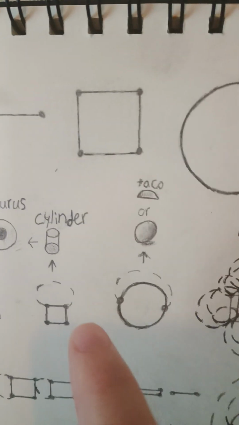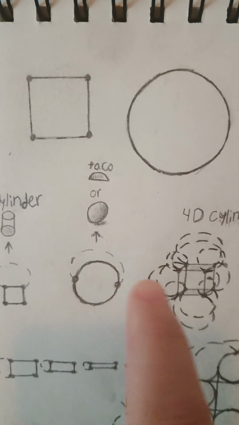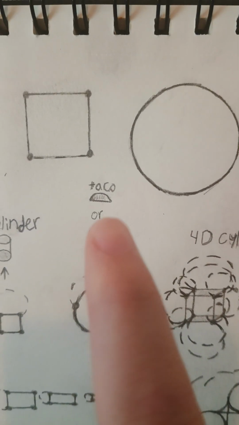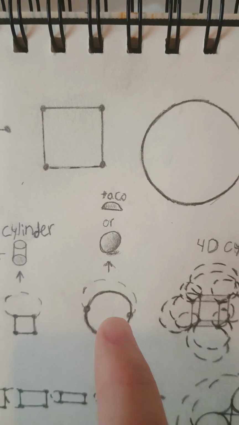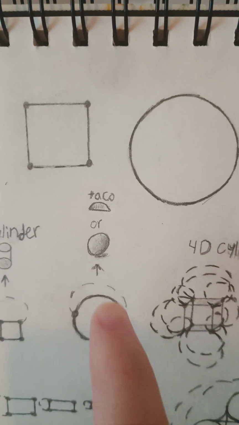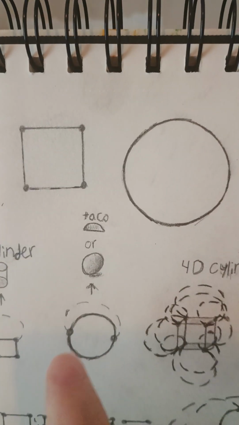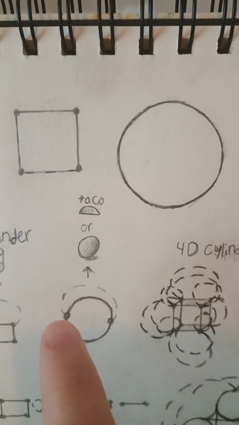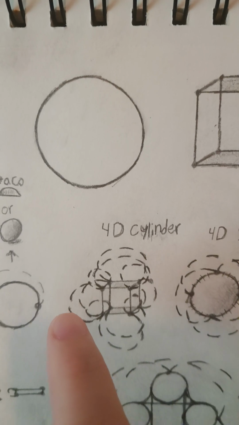So we move on. We got a circle. If you connect the circle in a loop, you get, I assume, a sphere or a taco. You fold the two ends of the paper and you'll get a taco shape. Or you could get a sphere if that's the direction you want to go in, but either way, you get a loop around in a circle.